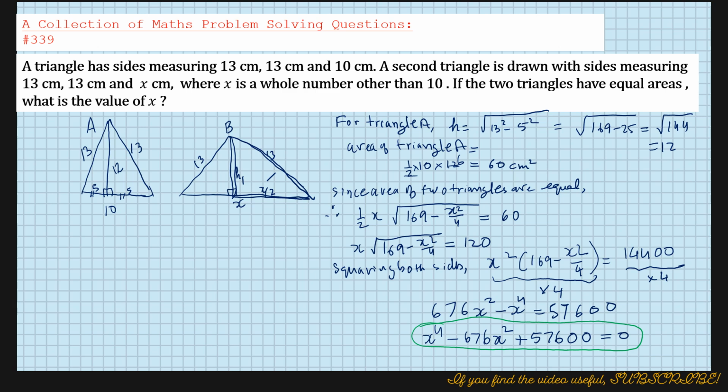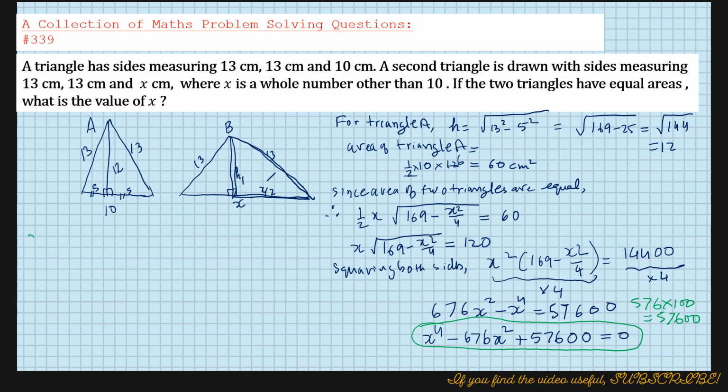So we get x to the power 4 minus 676 x squared plus 57,600. You see, 676 is 576 plus 100, and 576 multiplied by 100 gives you 57,600.